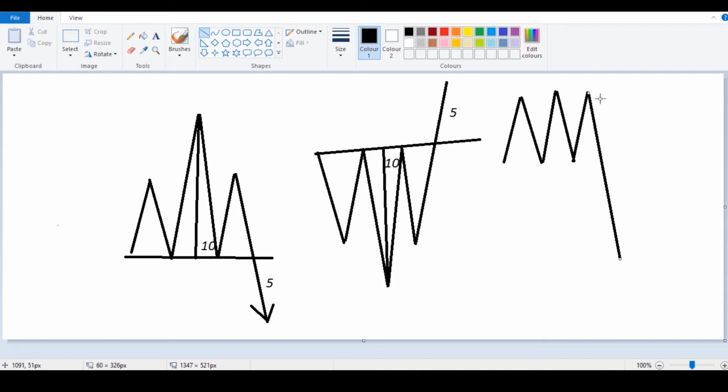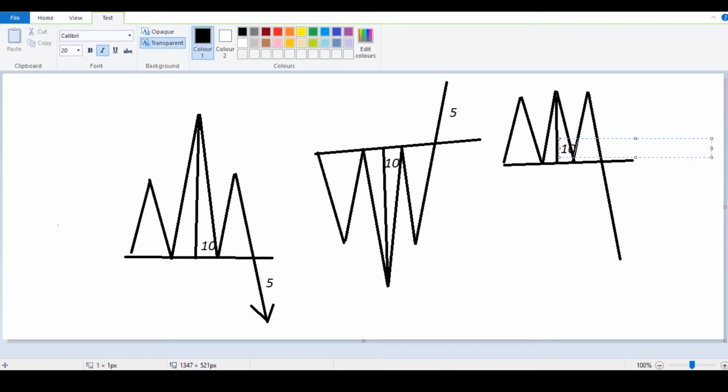Once again, you're just going to take center head to the neckline, and if that is 10, we are going to aim for 5. That's 5 over there.